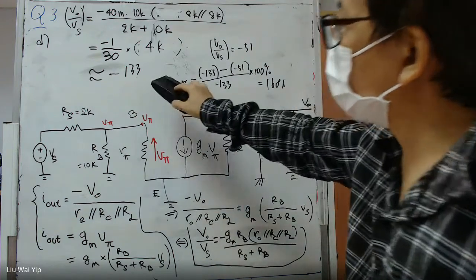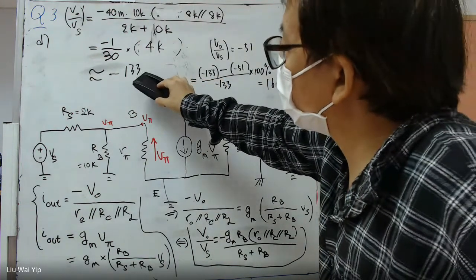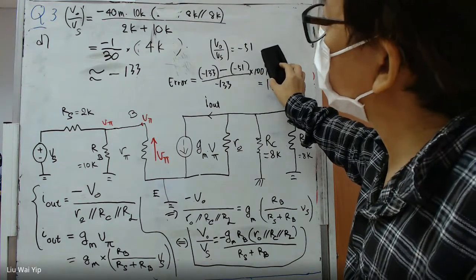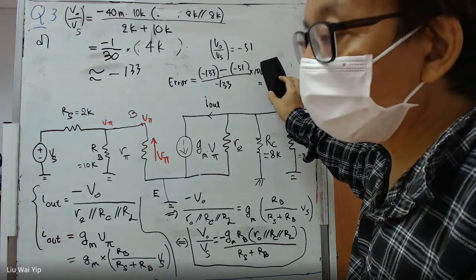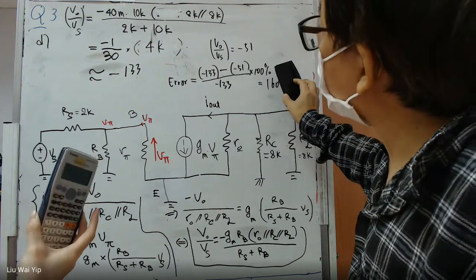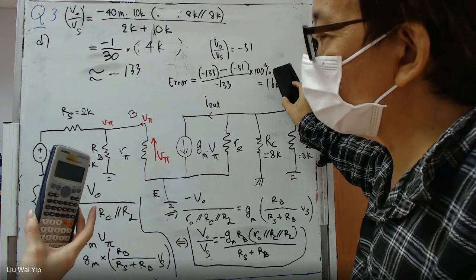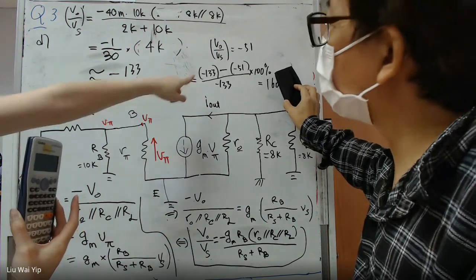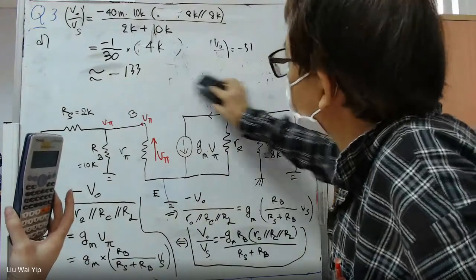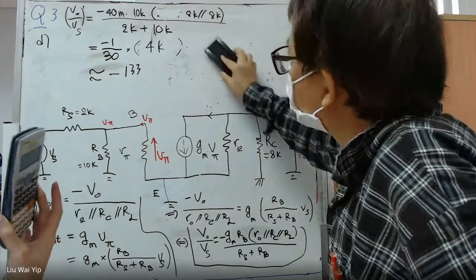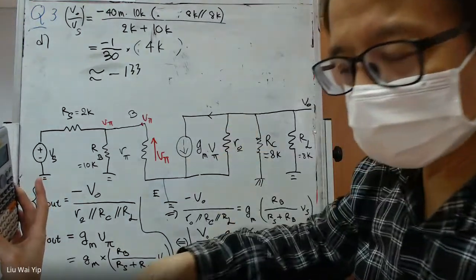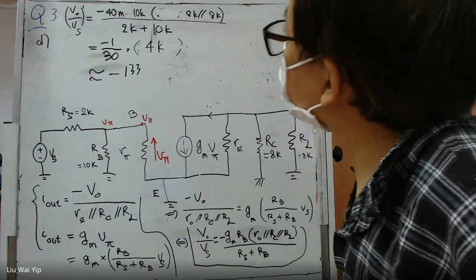Okay, so the actual voltage gain should be 51. 61? 51 or 61? 61.65. Without early effect or with early effect? No, no, minus, forget about this. What is the voltage gain? Minus 51. The last voltage gain from question C is minus 51.